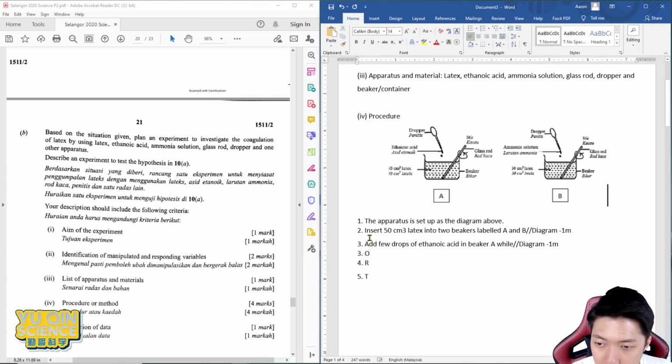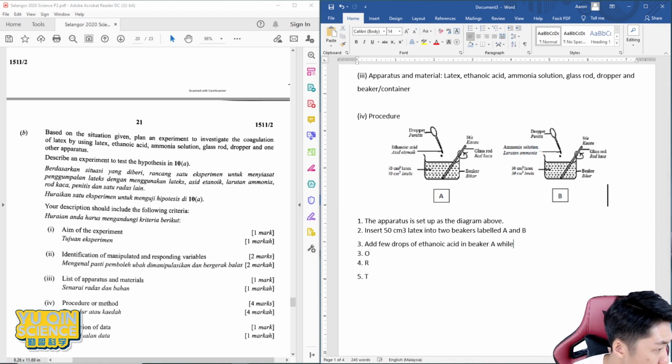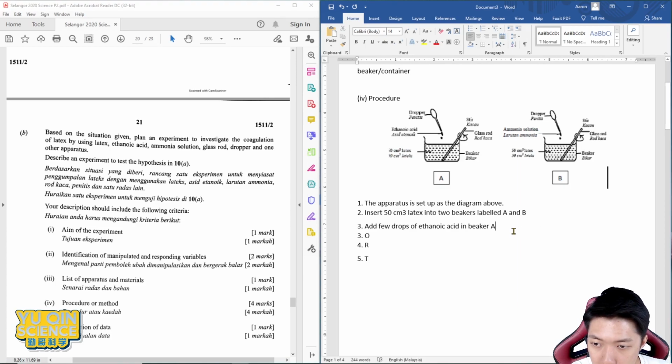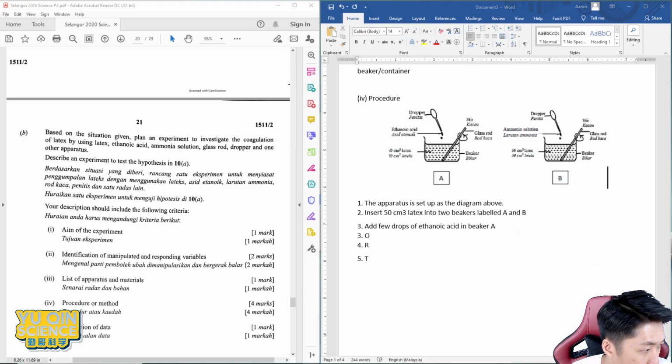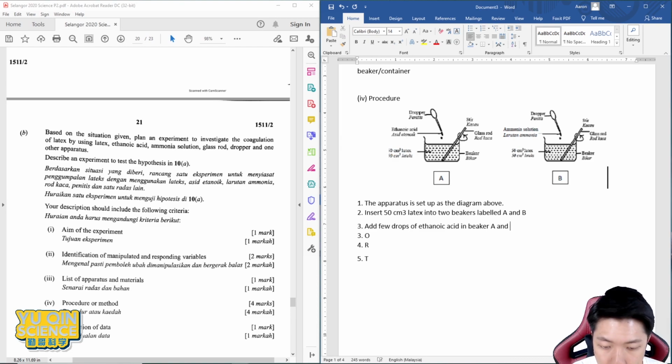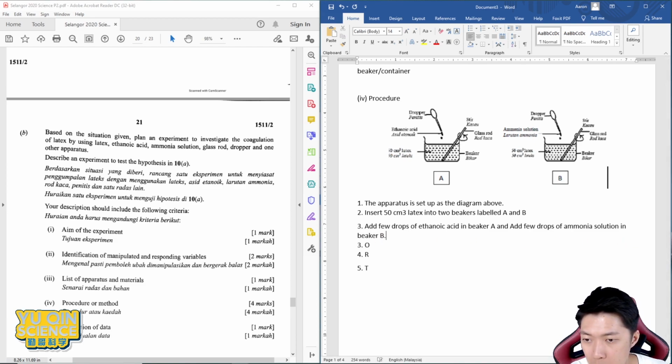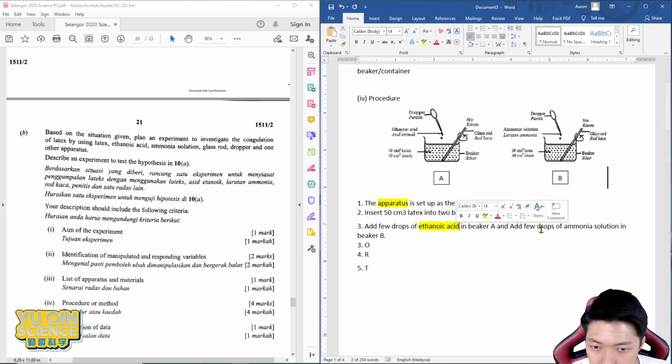Okay, so in this case, we probably need one more sentence. Add a few drops of ethanoic acid into beaker A. And then we go for beaker B, and add a few drops of ammonia solution into beaker B. So I do have my apparatus, I do have my ethanoic acid, ammonia solution.